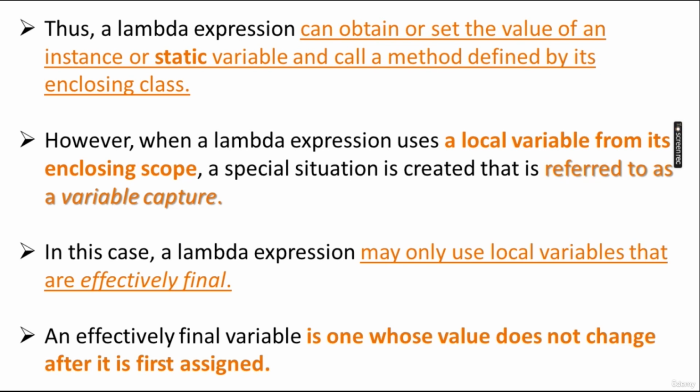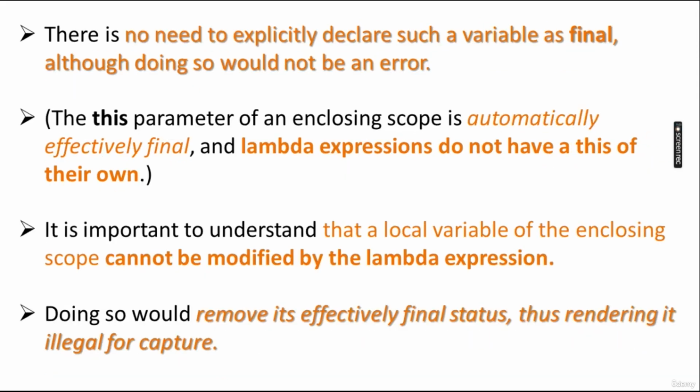An effectively final variable is one whose value does not change after it is first assigned. Okay. So those will be final variables. There is no need to explicitly declare such a variable as final, although doing so would not be an error. But the effect of it should be final. That variable's value should not be changed.